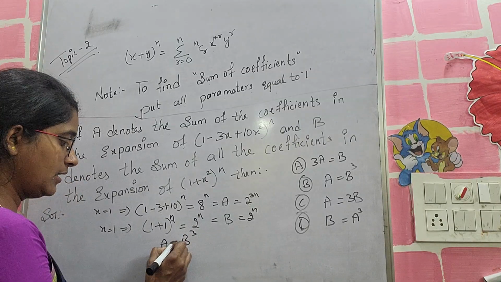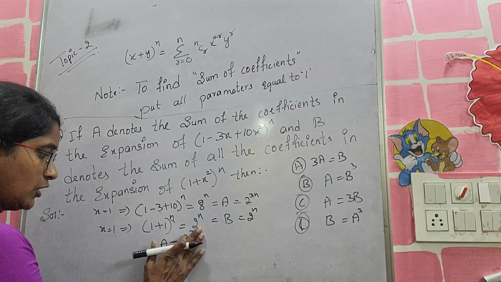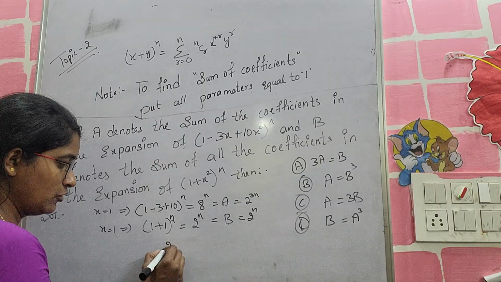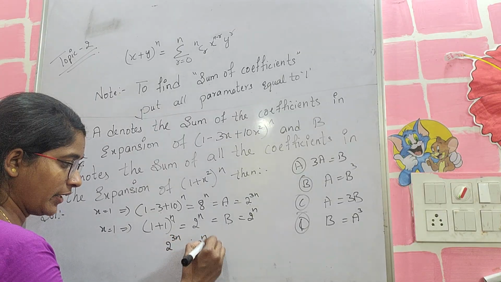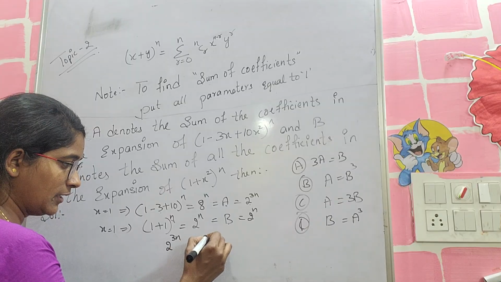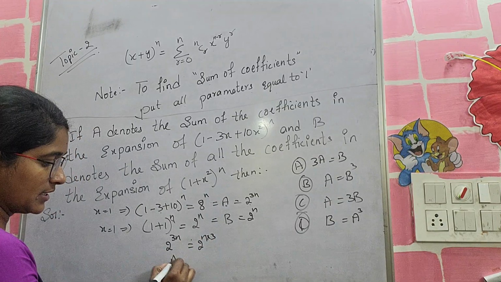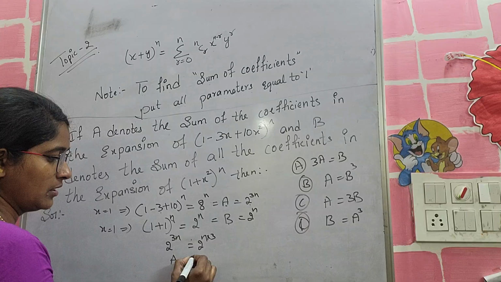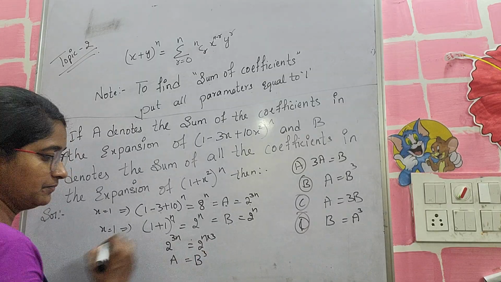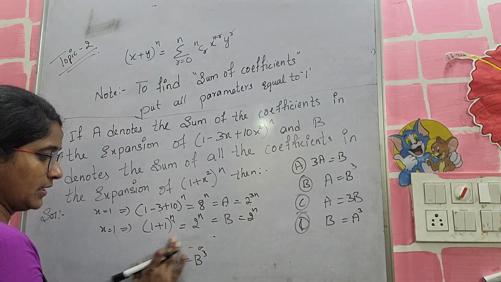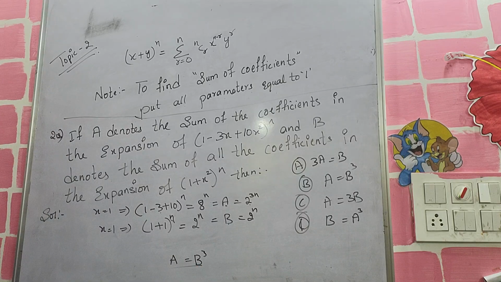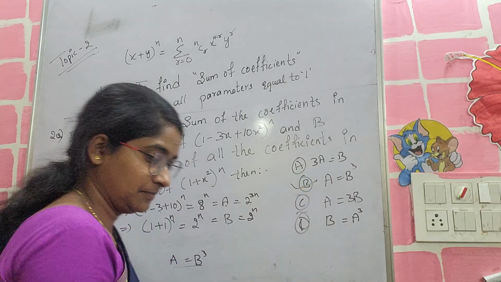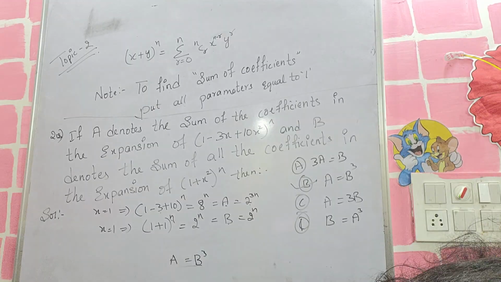Because 2 power of 3n is not equal to 2 power of n, right? When I make it cube, then it will be equal. So here a is equal to b power of 3. That's why we got that, right? Yeah, this is your answer. So this is the second option. Okay. So next question.